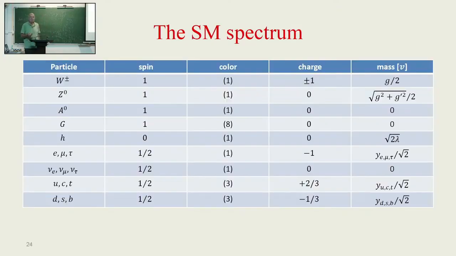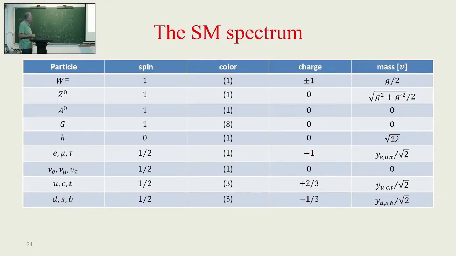So we finished exploring the spectrum. This is the standard model spectrum. The new lines here compared to the leptonic standard model is the gluon field, spin 1, octet. Well, the whole column here is new because that's an additional exact symmetry. So almost everything is a singlet. The gluon is an octet, its electromagnetic charge is 0, and it's massless because it's an exact gauge symmetry.